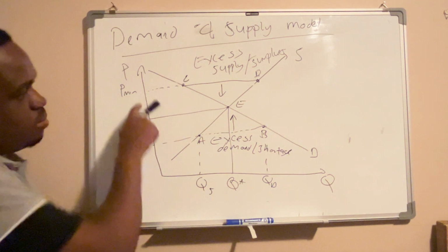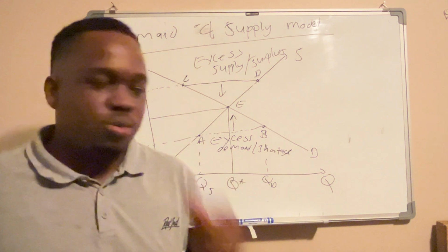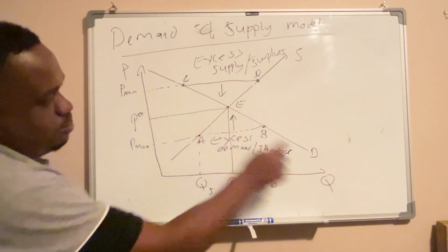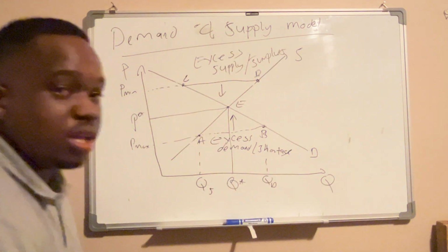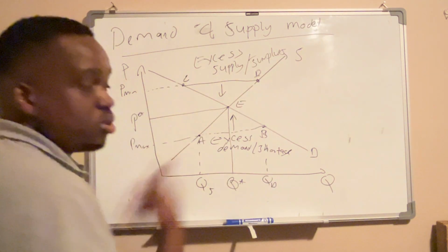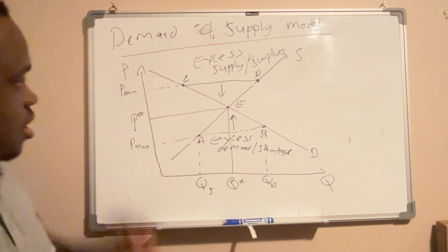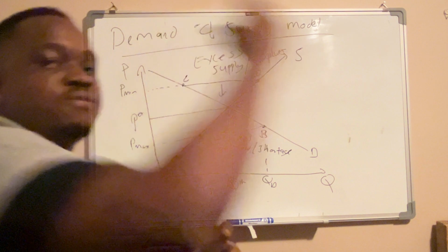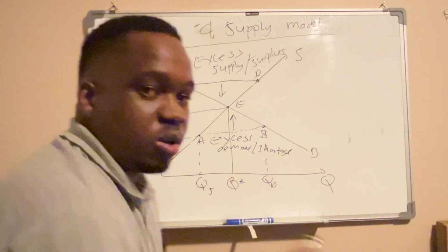This P minimum is basically what the government uses to set the minimum wage. D is the demand for labor by businesses, and the supply is the total supply of labor in the market. When they set this minimum price, you see a huge influx of workers into the market looking for work.